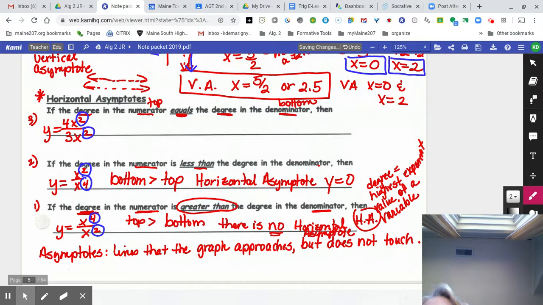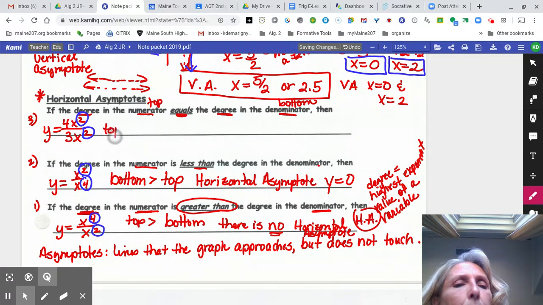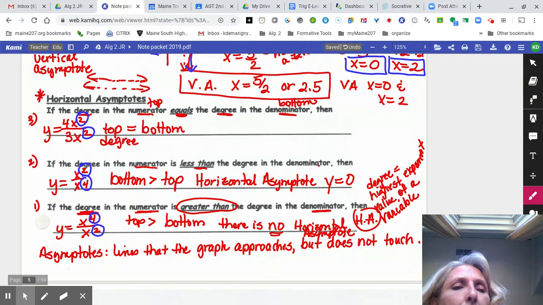So if that happens, something very interesting occurs with my asymptote. Your top degree is equal to your bottom degree, meaning the value of the exponent of your variable.